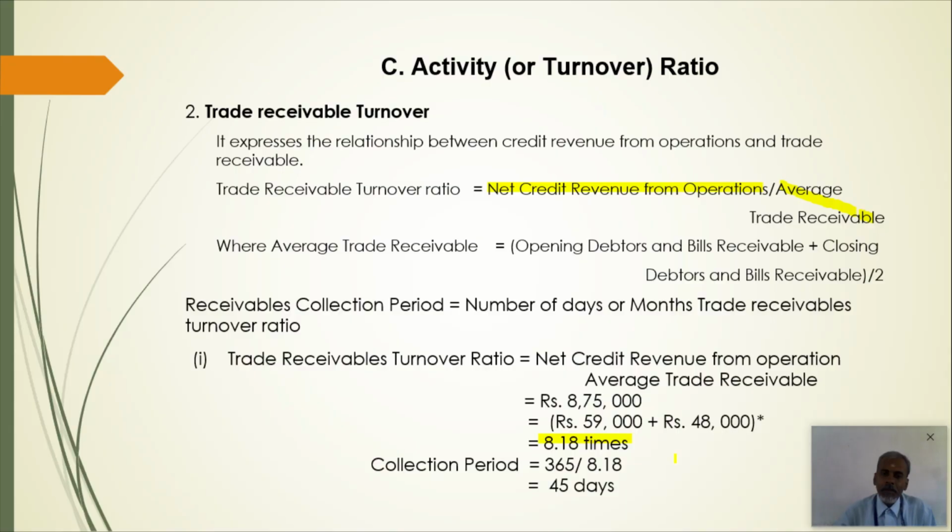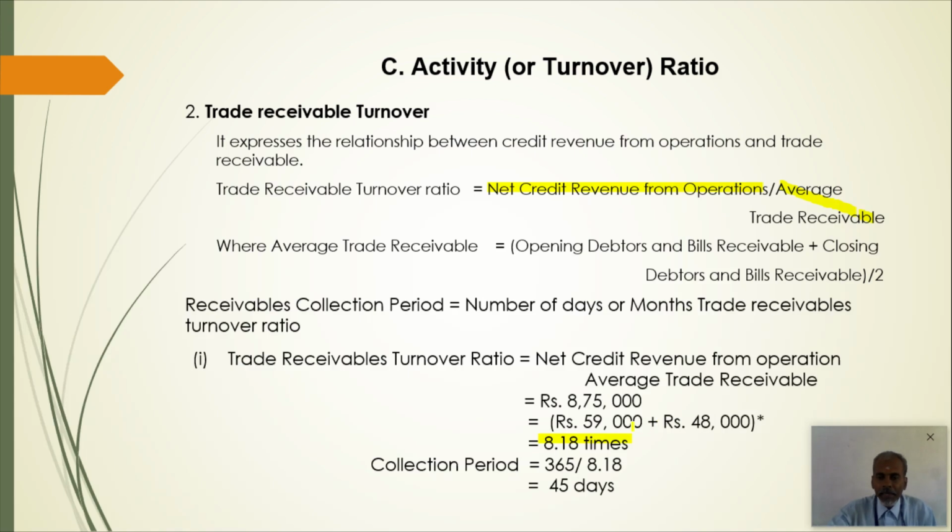We buy raw materials, convert them into finished goods, and after the finished goods are converted, we make credit sales, and credit sales move through the process and are converted into cash. And the moment we give credit sales and convert into cash happens 8 times in a year, right?